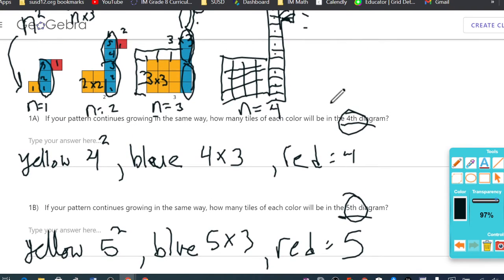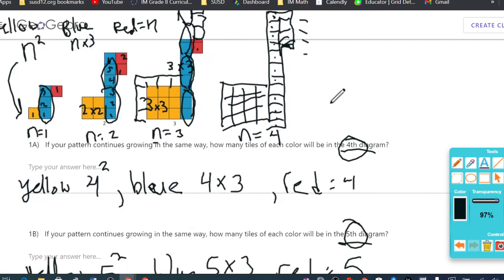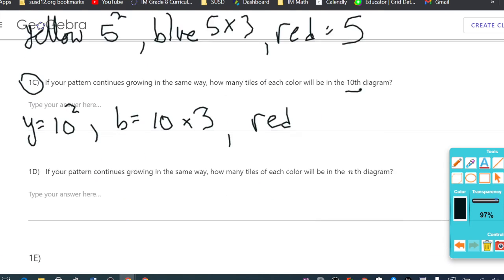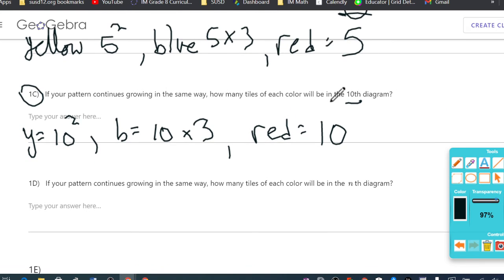Look again, the blue boxes are in sets of 3, and every sequence adds 3 more. So for blue, it equals 10 times 3. And then the red blocks is just increasing by 1 every sequence. So red equals only 10, whatever our sequence number is.